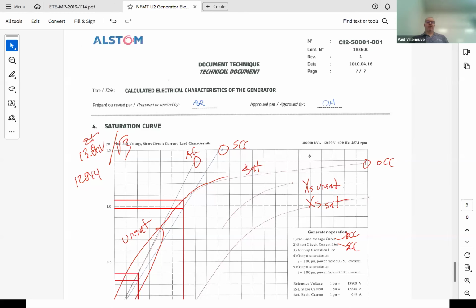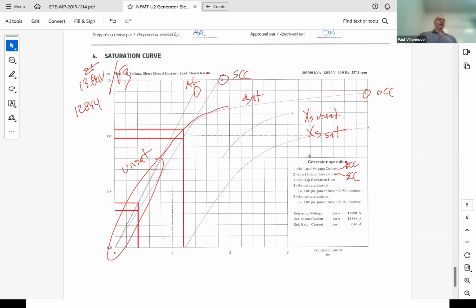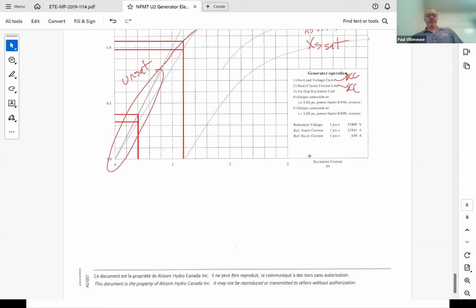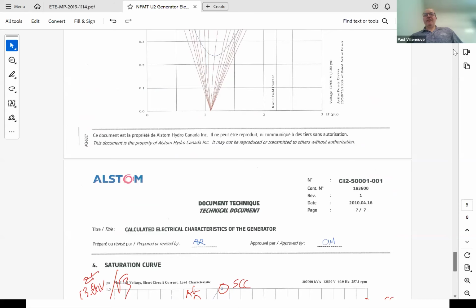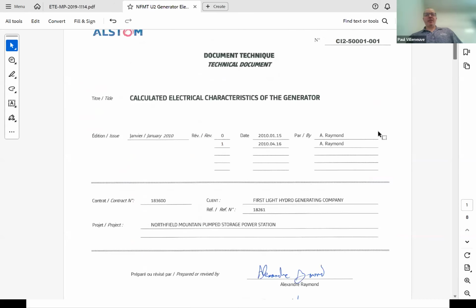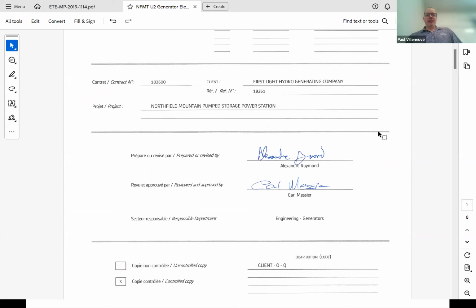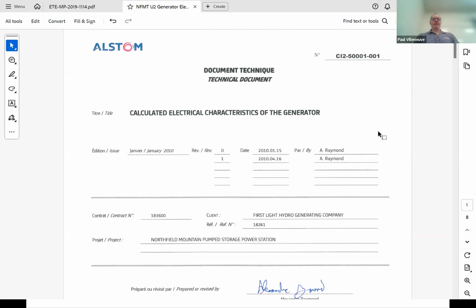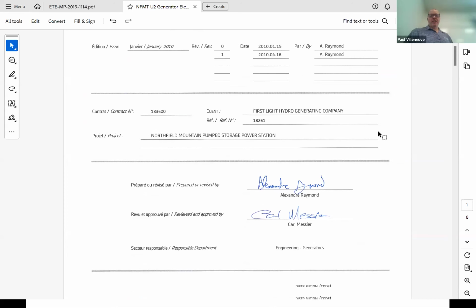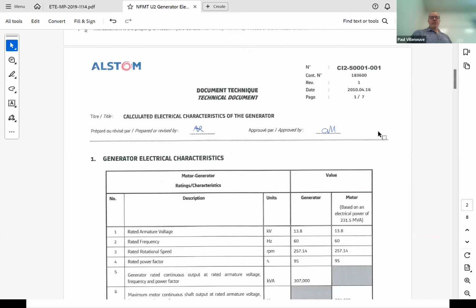Right? So the harder part about this curve is picking points to come up with your saturated and unsaturated values. Okay? But like I said, this is real world stuff. It's a data sheet that I got. It's been quite a while since I worked on this project, but this is the actual calculated electrical characteristics of the generators at Northfield Mountain.